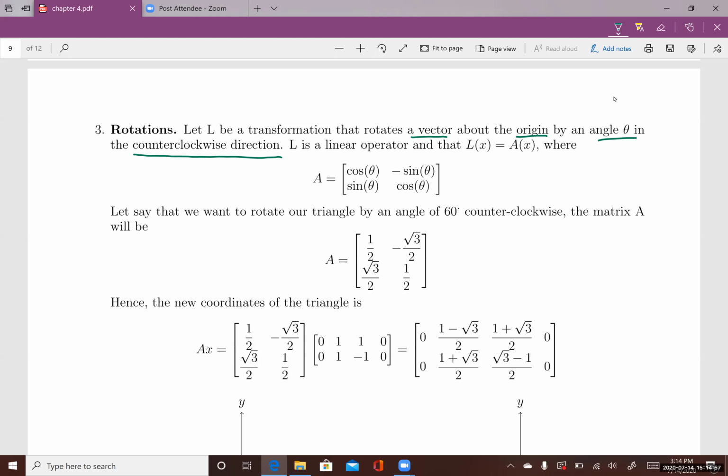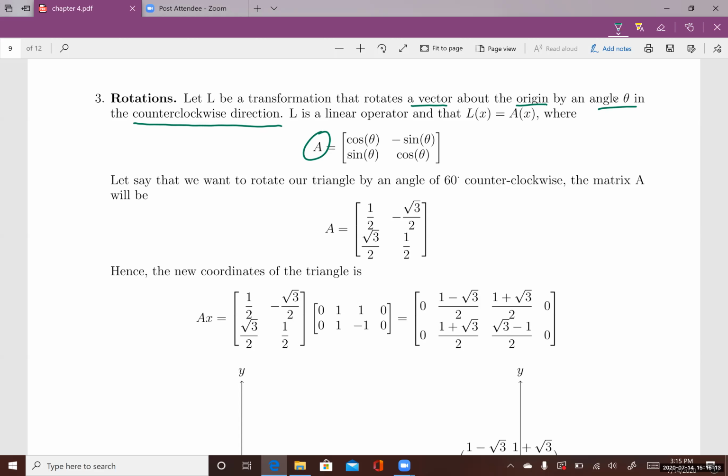So the matrix representation for this rotation linear operator is cosine theta, negative sine theta, sine theta, and cosine theta.